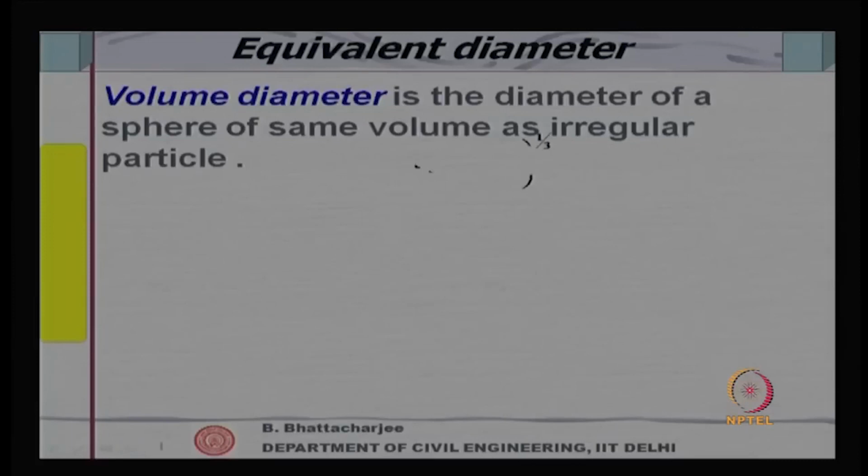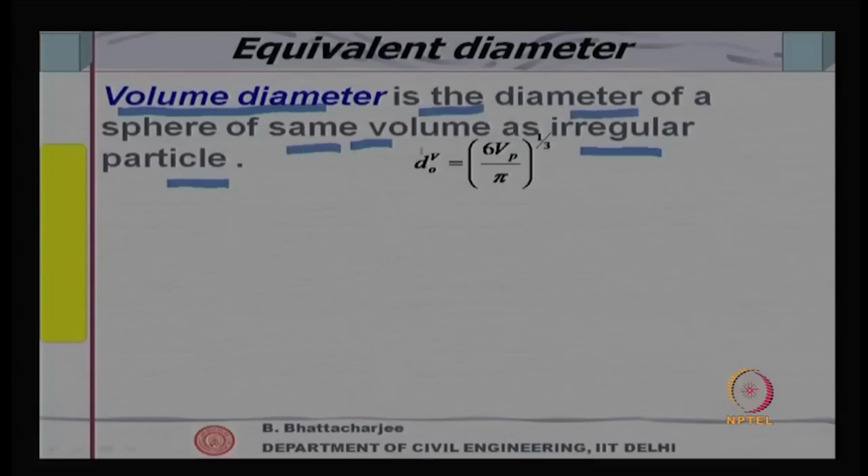But quantification is possible in terms of volume diameter. Volume diameter is the diameter of a sphere having the same volume as the irregular particle. So, the volume diameter of a particle of an aggregate is the diameter of a sphere having the same volume.